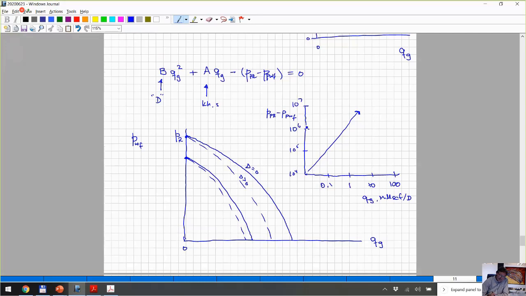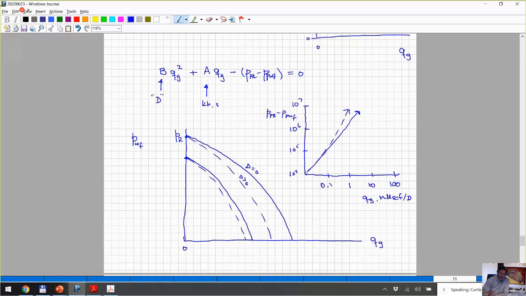And if you have D greater than 0, then this line is going to be looking like this. And also, you only have to draw this once. That same line will apply to the well throughout its life.